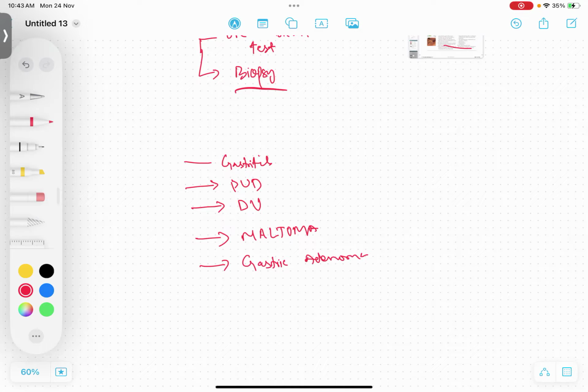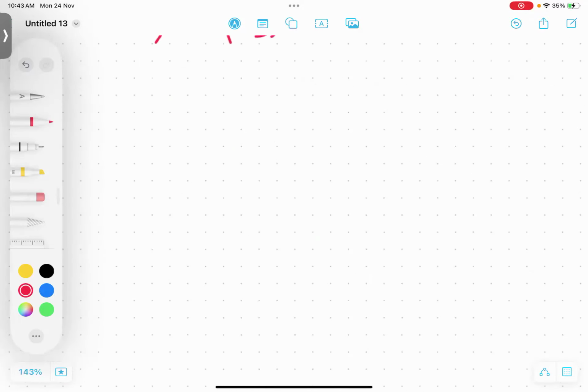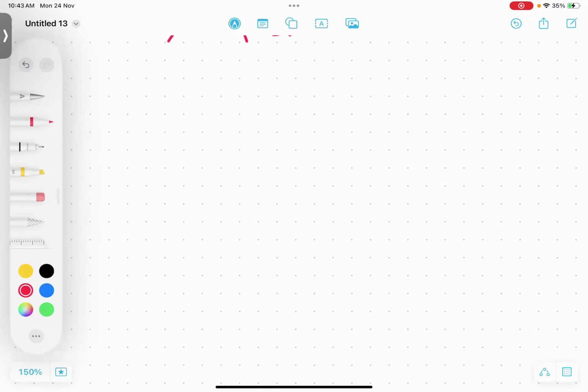Once H. pylori goes into the stomach, it attaches to the mucus secreting cells of the gastric mucosa, and then it produces a large amount of ammonia. What does the ammonia do? It has the urease enzyme which converts urea to ammonia.